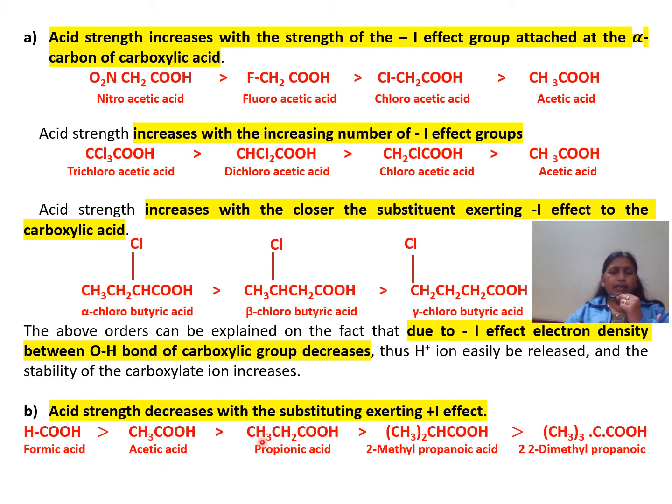The ethyl group has a greater plus I effect, so the acid strength further decreases. Here there are two methyl groups having a greater plus I effect, so it will decrease the acid strength, and in this there are three methyl groups exerting plus I effect, so acid strength decreases. So the greater the plus I effect, the lesser will be the acid strength.